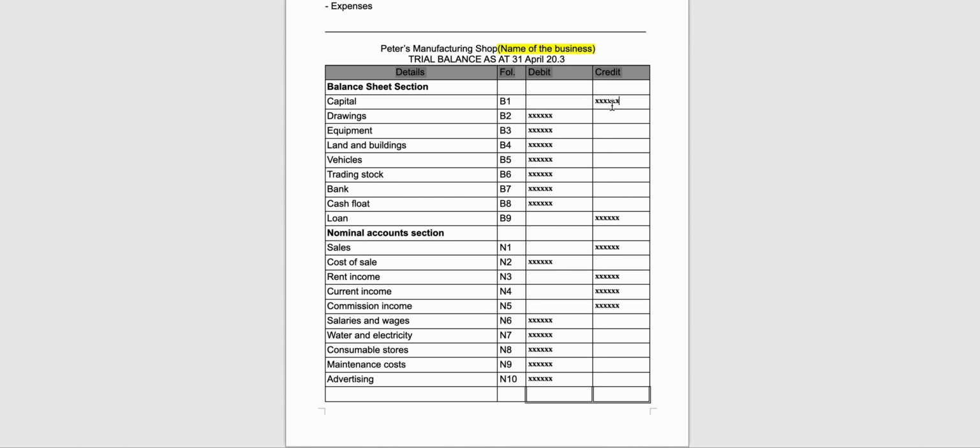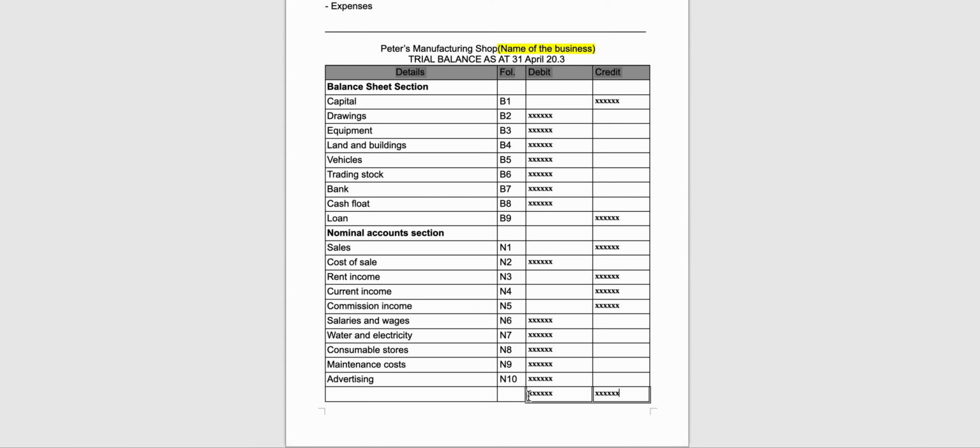So after you have put the amounts where they belong, you are going to first start with the debit side. You take all these amounts on the debit side, you add them together, and then you put your total. Okay, and on the credit side as well, you take all the amounts on your credit side and you add them together, and they will give you a total for the credit side.